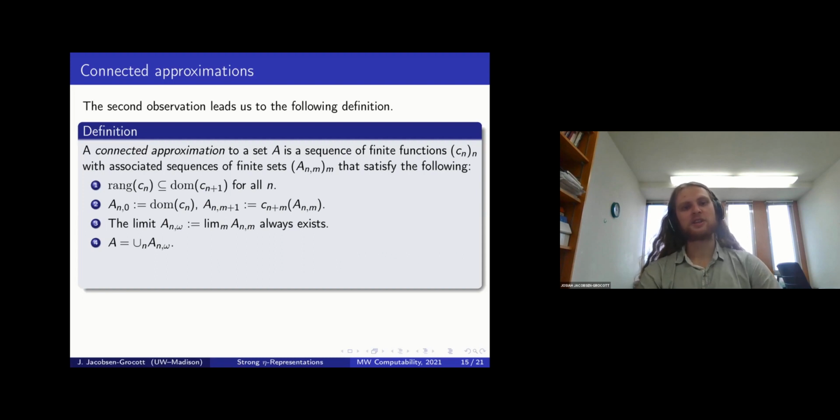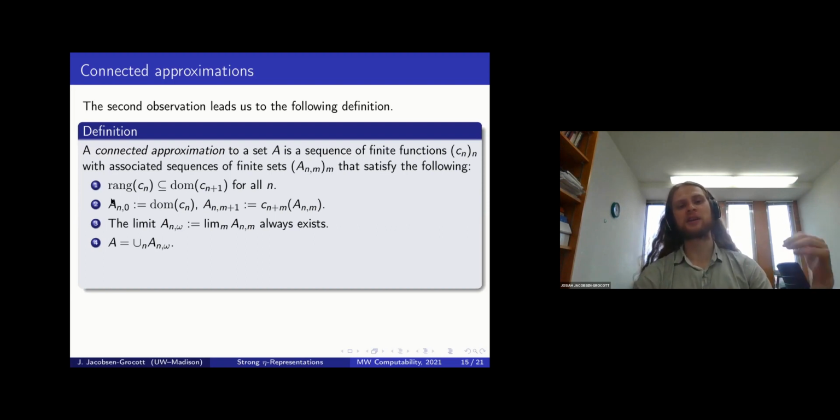So the first condition, we want that the range of Cn is a subset of the domain of Cn plus 1. So they each are mapping into each other. And then using these Cn's, the An's are defined as follows. So An0 is the domain of Cn. Then to get the next An in the sequence, so An plus 1, we apply Cn plus m to An and m, and we get the next set.